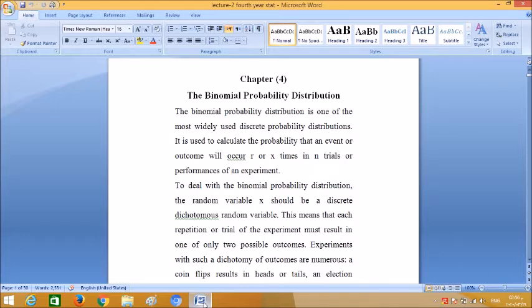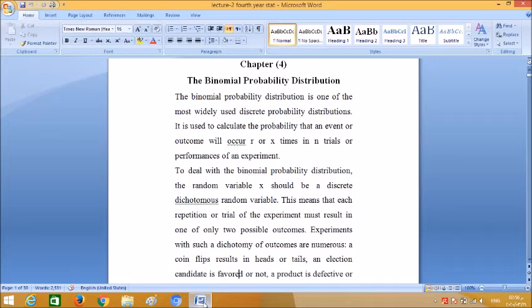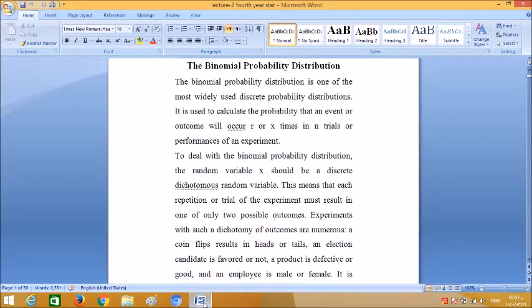For example, a coin flip results in heads or tails. An election candidate is favored or not. A product is defective or good. And an employee is male or female. Okay? Male, female, boy, girl, and so on.